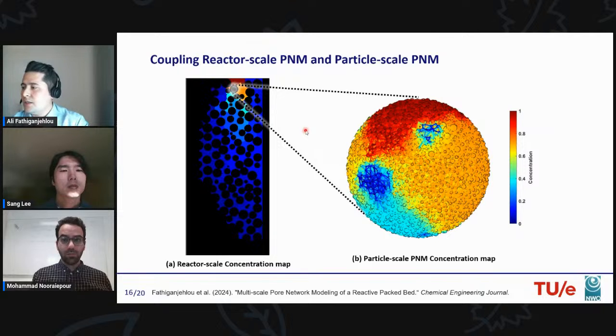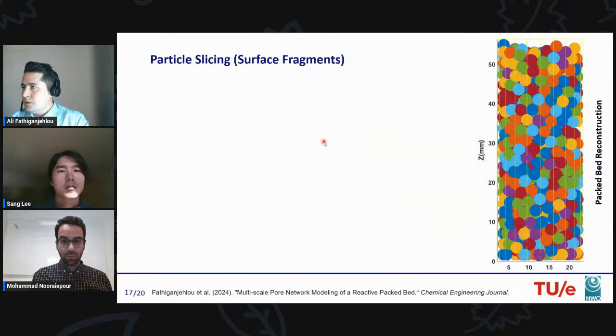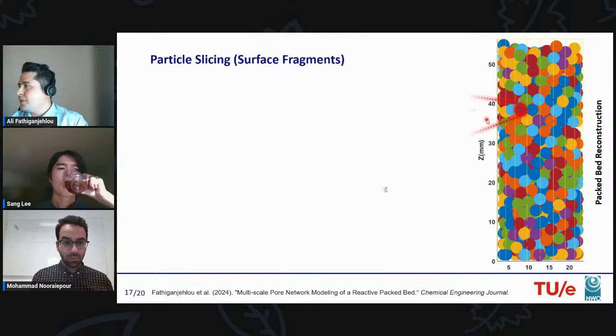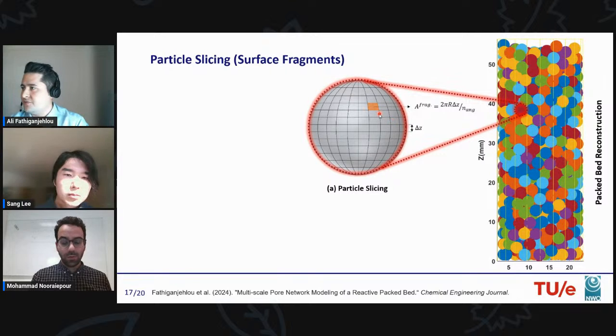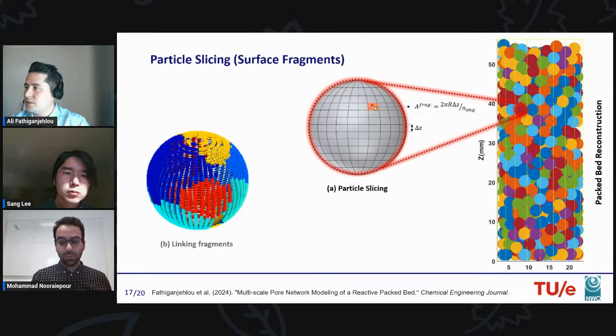So how do we facilitate this coupling? For doing the coupling, we developed a new method using surface fragments. We sliced each particle's surface into hundreds of surface fragments. Here you can see a surface fragment colored in orange.